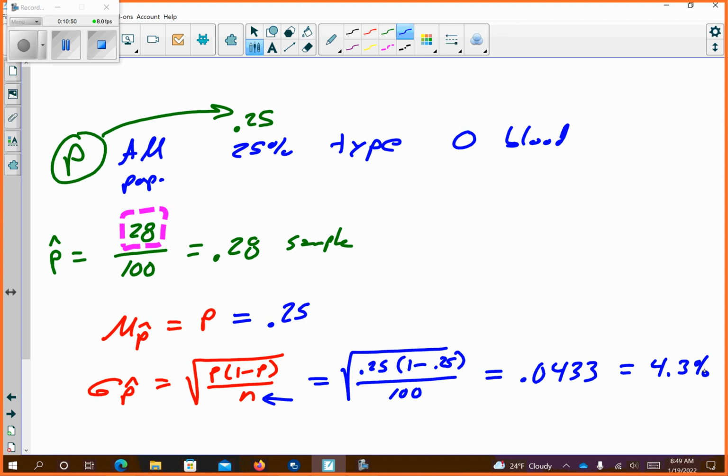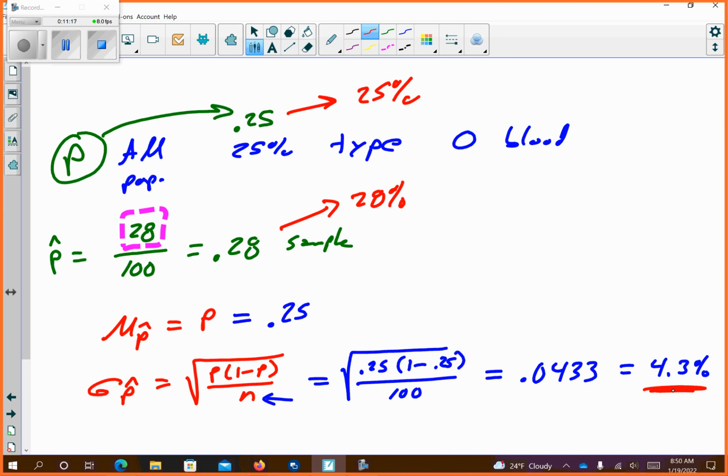So here's the question. This is 25%. This is 28%. When we vary, meaning we're going to be within one standard deviation of it, from 25 to 28, that's only 3%. So that falls within that parameter. Yeah, there are things that happen.